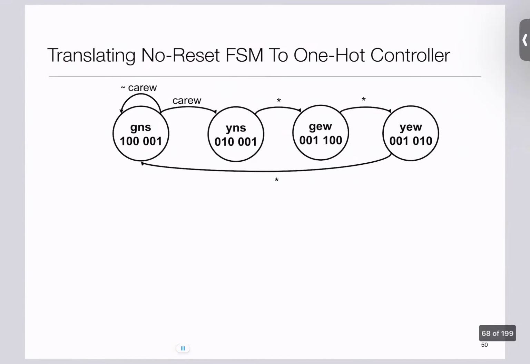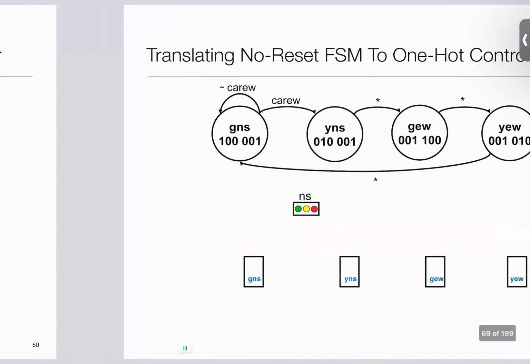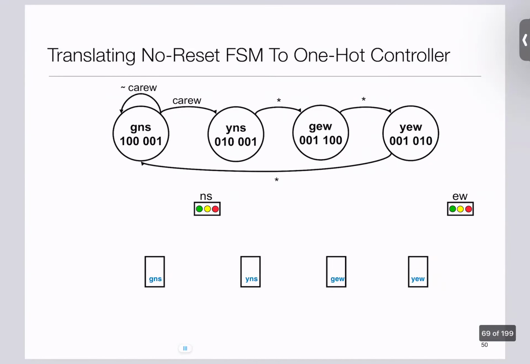So the way we do it, for this one-hot coding, is think of as if for each state, I have a corresponding flip-flop. So we just put down a flip-flop, and the idea is one of these flip-flops will have the value 1 and the other will have the value 0. So that corresponds to my one-hot coding.